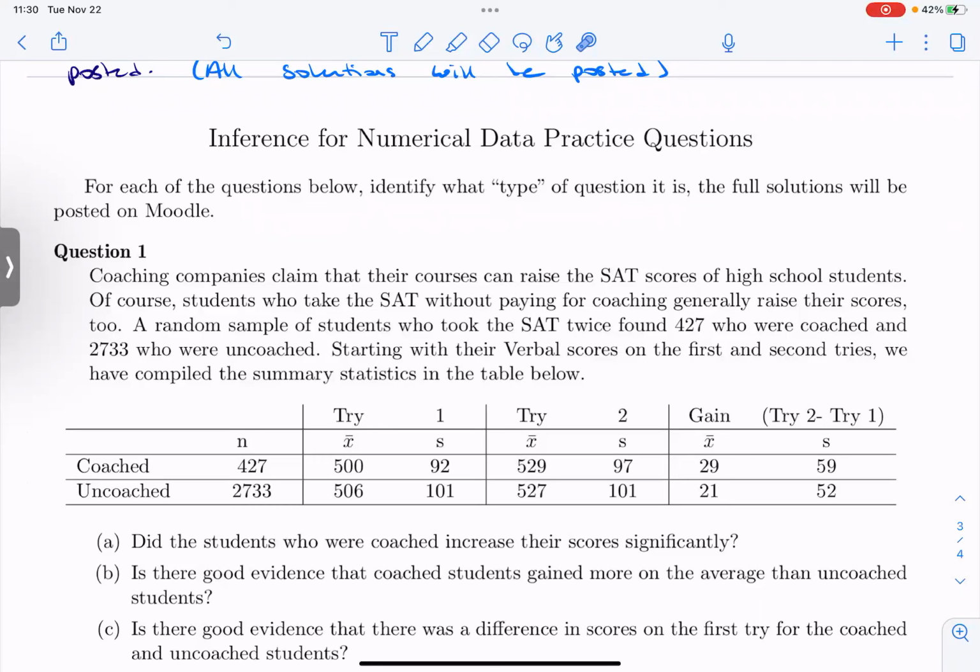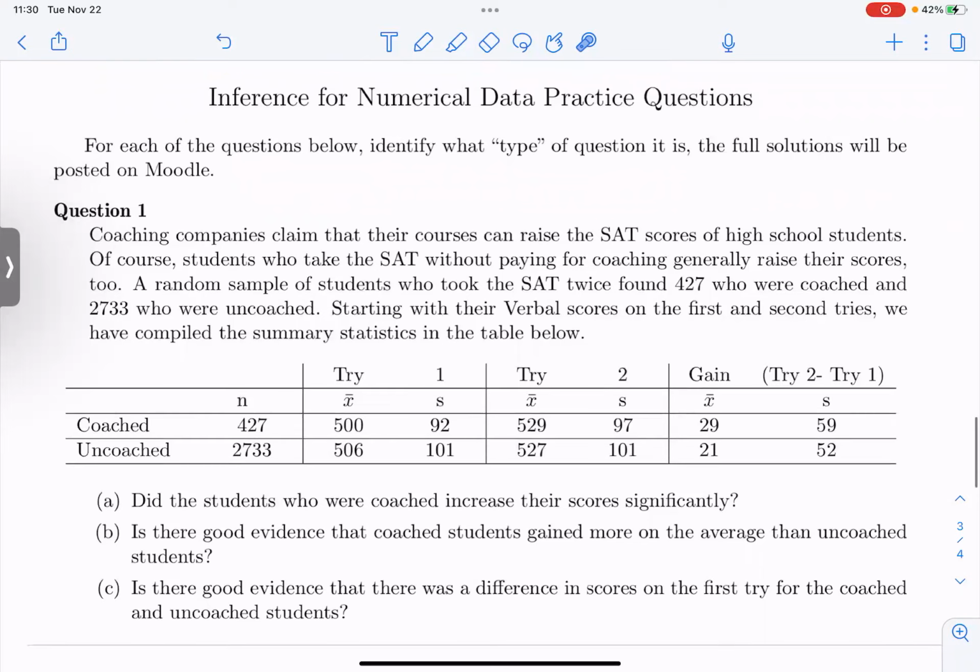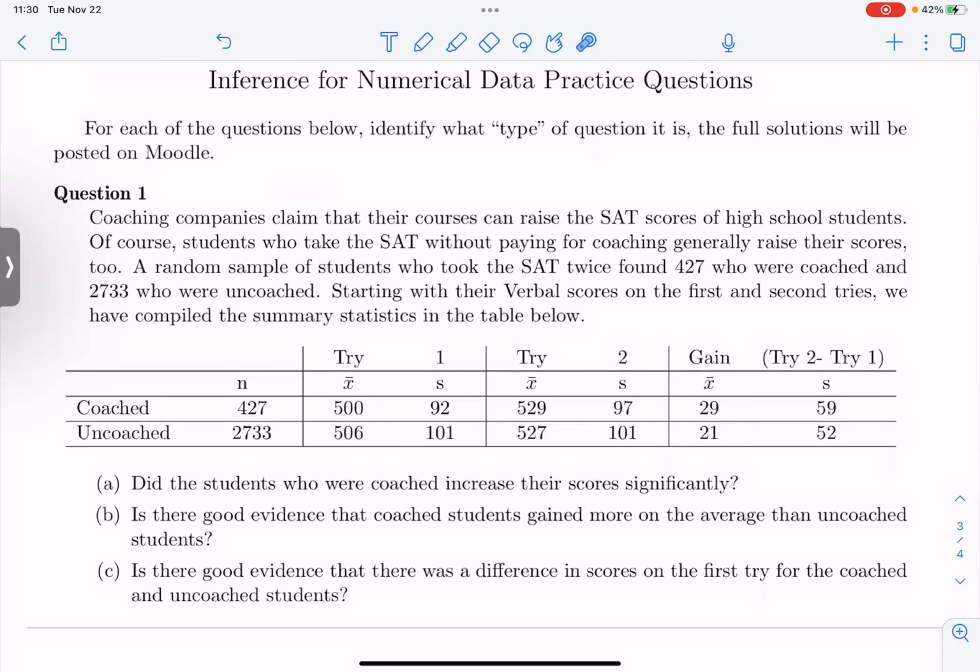All right, so this first question I really like because there are a lot of different hypothesis testing questions that we could ask, okay? And so what I want to do is I'll read it to you because there's a lot, and then we'll talk about how each of these parts, right, make up a different type of question. Okay.